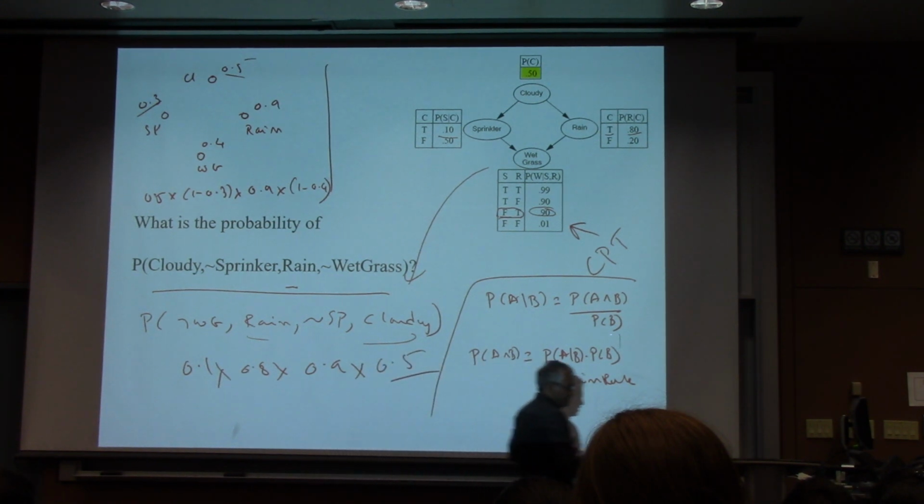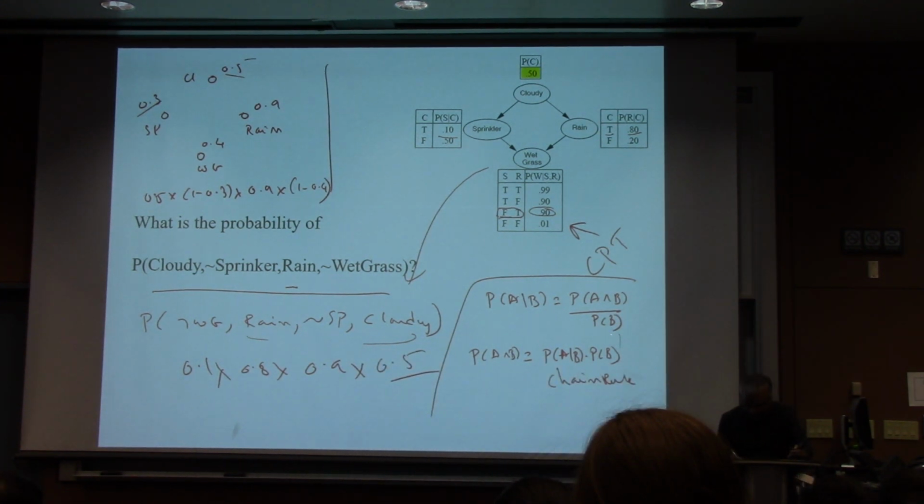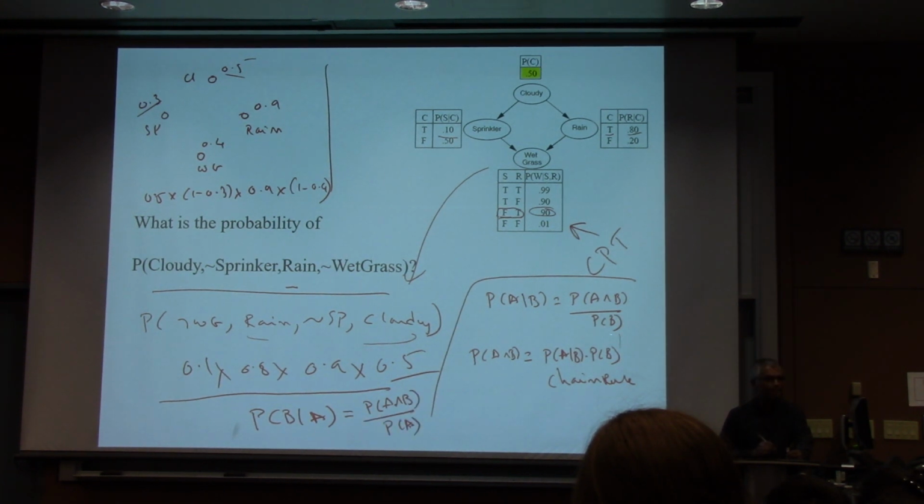One other interesting thing that you can play with is this. So we have P(A and B). Now what about P(B given A)? By definition, it is probability of A and B by probability of A. I wrote A and B, but A and B and B and A are the same.